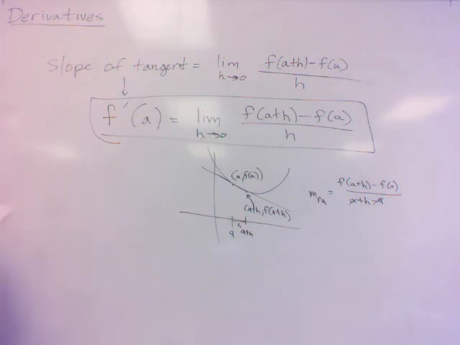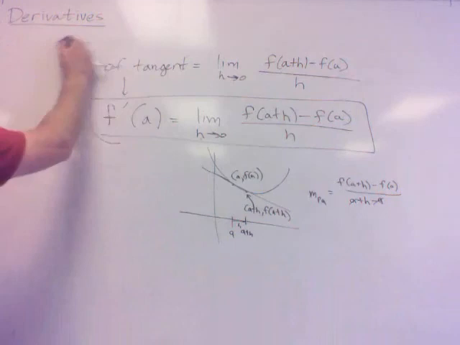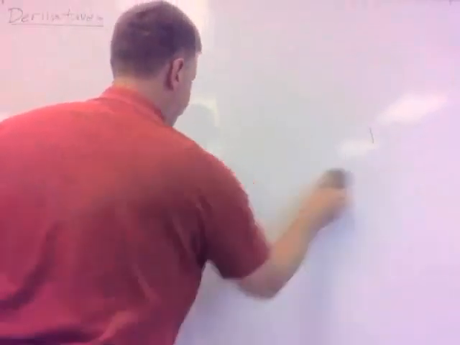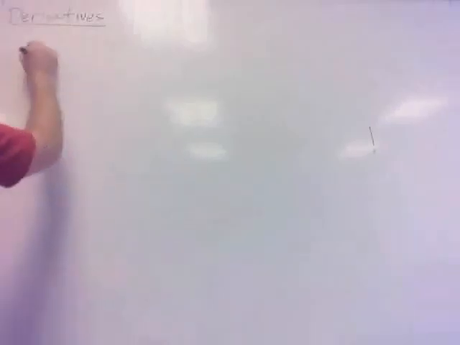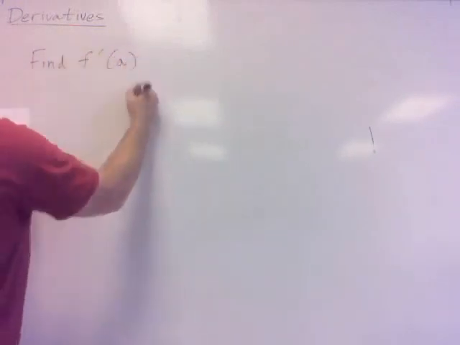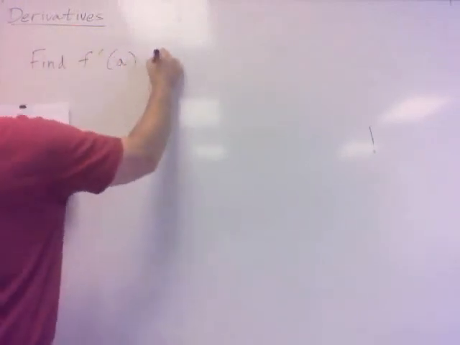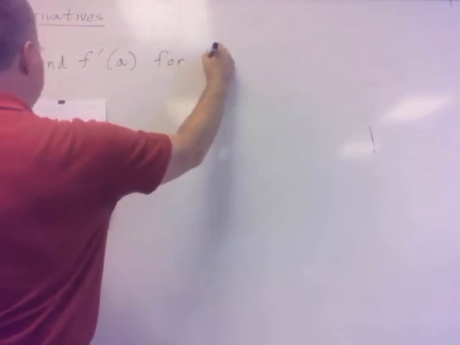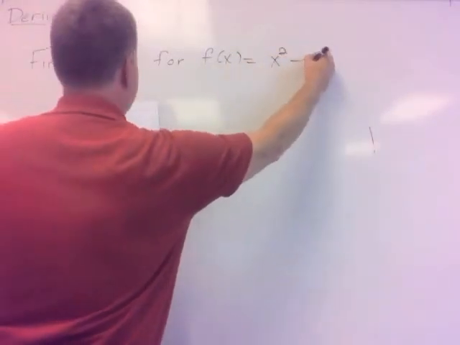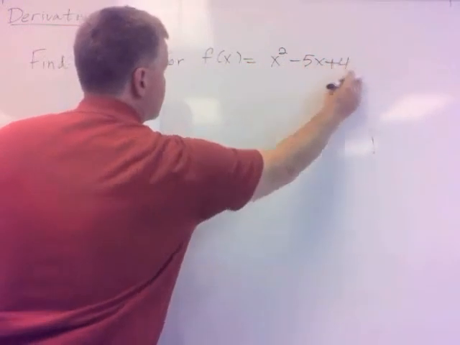All right, so let's find f prime of a for f of x equal x squared minus 5x plus 4.